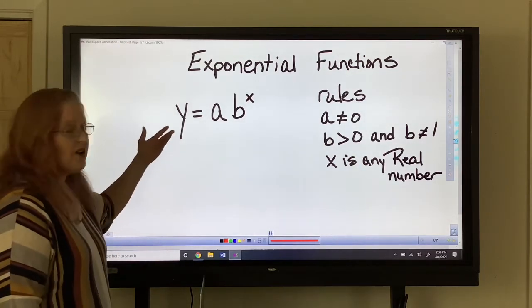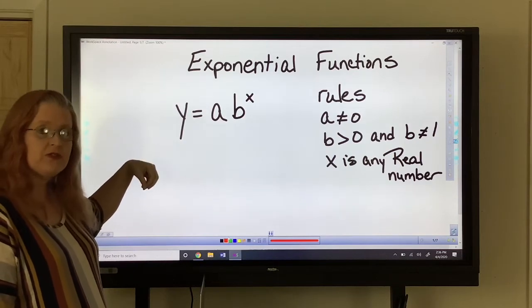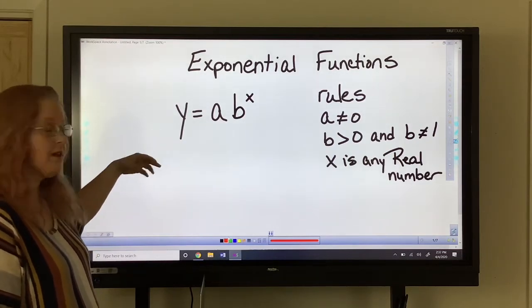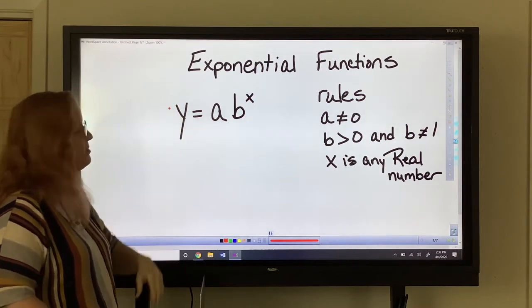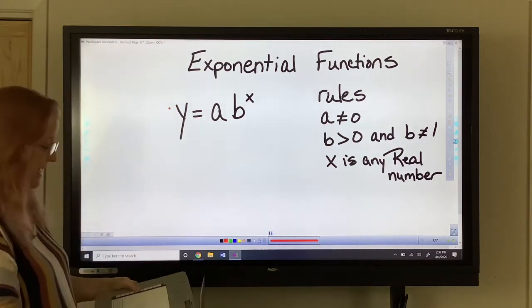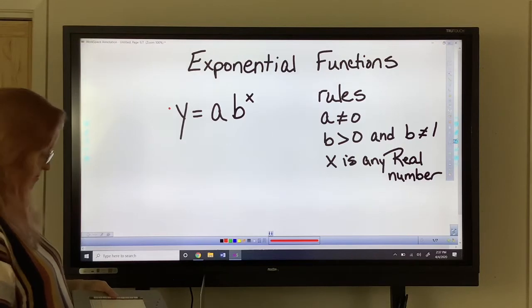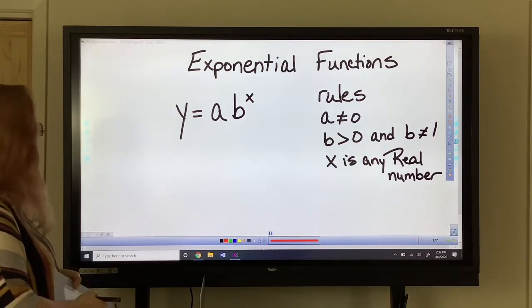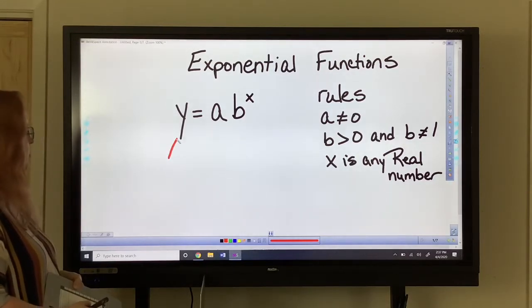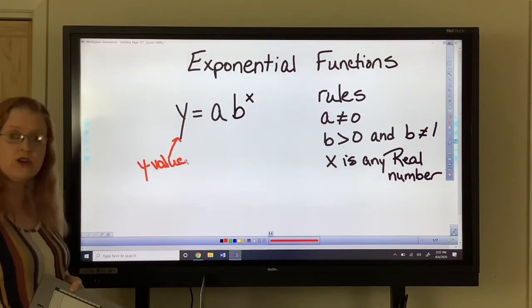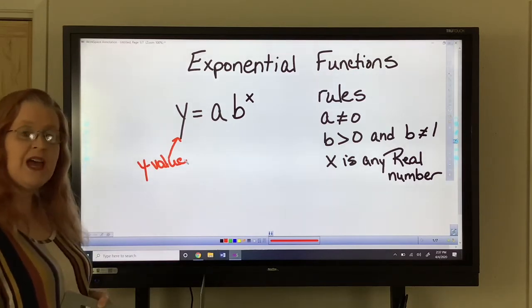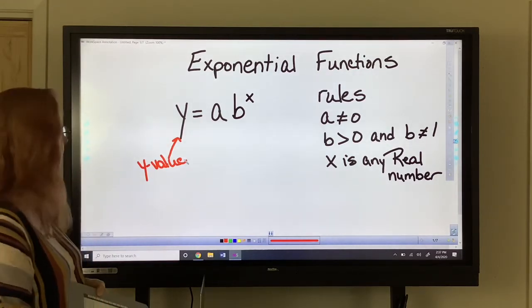First off, there are a few rules for exponential functions and a base formula. Our base formula is y equals ab to the x power, and each one of those has a certain meaning. Your y value is what your equation equals, your answer, and your y coordinate on your graph.